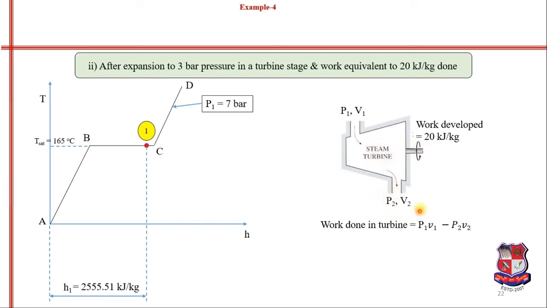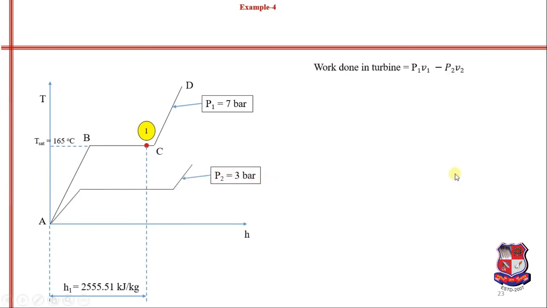So at the exit point obviously there will be a lower amount of energy. So whatever amount of work is developed is equal to input energy minus output energy, P1 V1 minus P2 V2 for 3 bar. So work done in turbine is P1 V1 minus P2 V2.